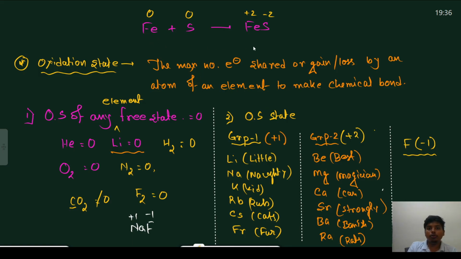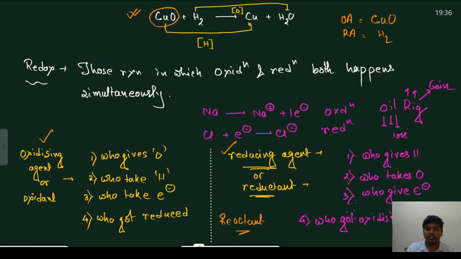So 0 to +2, oxidation or reduction? Oxidation, increase in oxidation state. And 0 to -2 is reduction. Simply you can do. So any reaction you take, you can do by the oxidation state method.